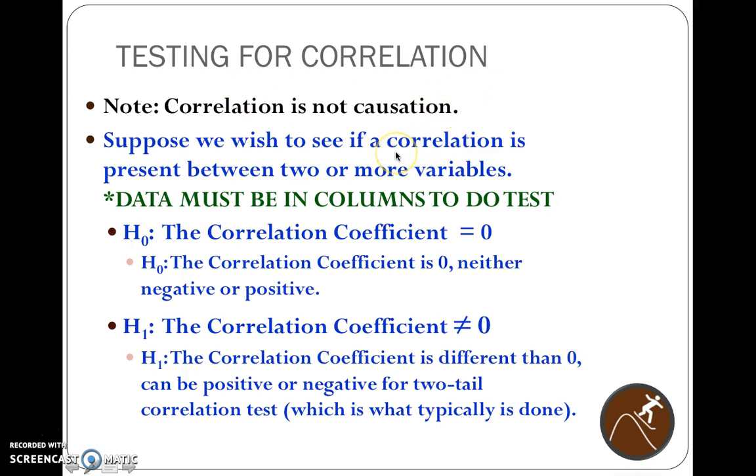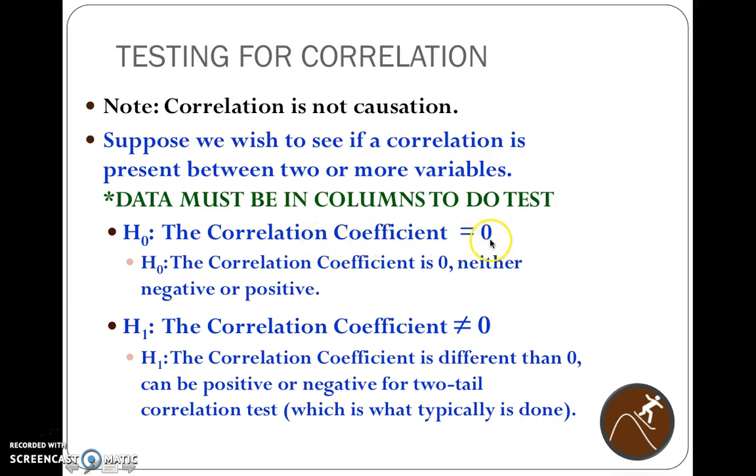In order to see if a correlation is present, you must have your data in two or more columns, and the hypothesis test is similar to the odds ratio, except where 1 is no effect on an odds ratio, less than 1 is protective, and more than 1 is harmful.